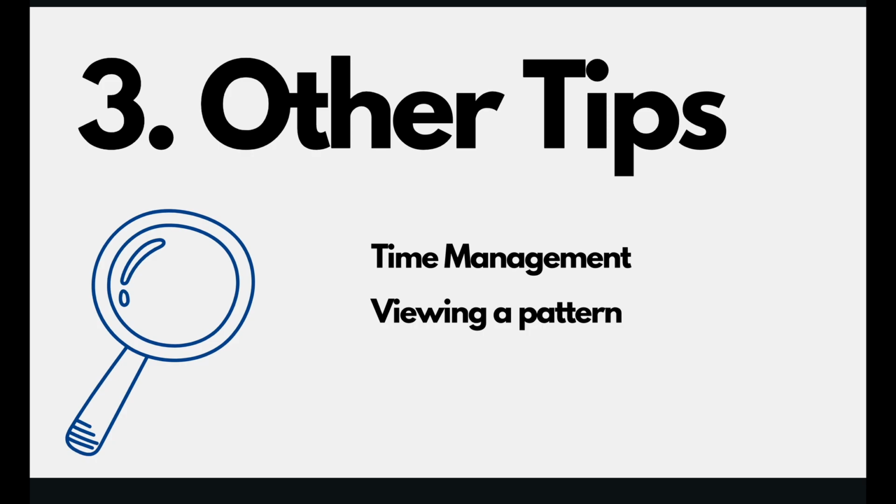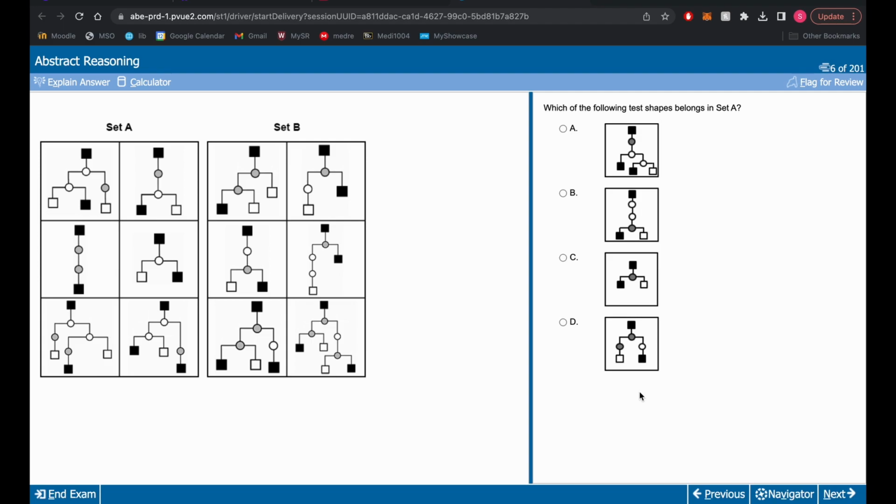So there is a fine-tuned balance I need to maintain in terms of when to skip and when not to skip, but it's very important that you figure out your own strategy and what works and what doesn't. And the last one is viewing a pattern, and I'll explain that with a practice question.